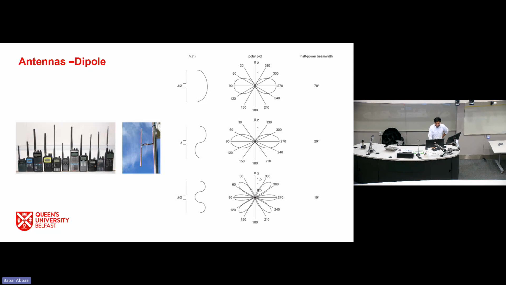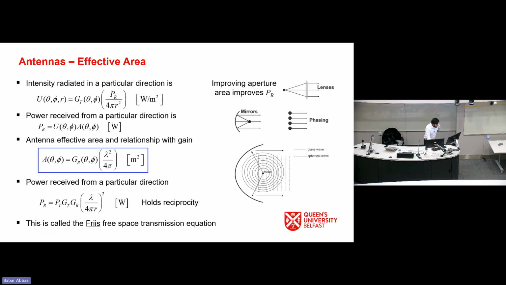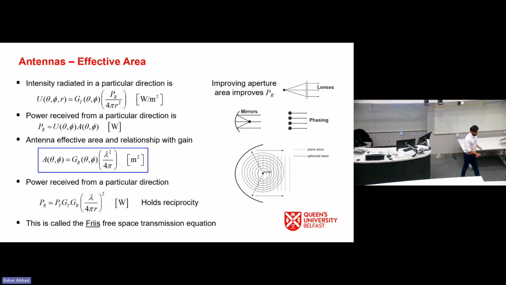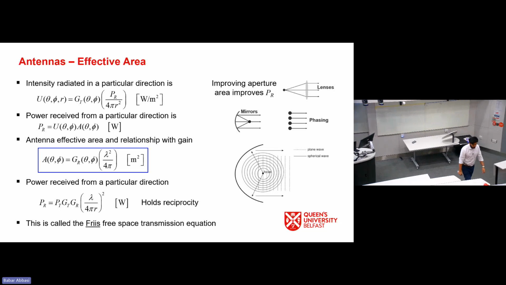For serving multiple users from -60 to +60 in azimuth, within a 120-degree sector, we wanted you to see how many phase states we need. For those of you who haven't attended the lab, you will do the same next Monday. Then we looked at another very important equation called the Friis free space transmission equation.